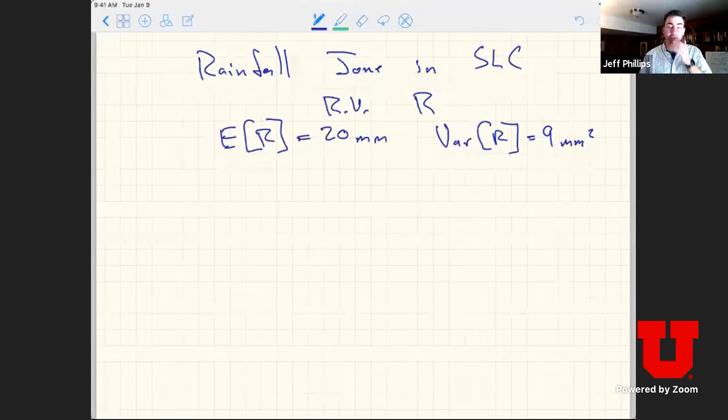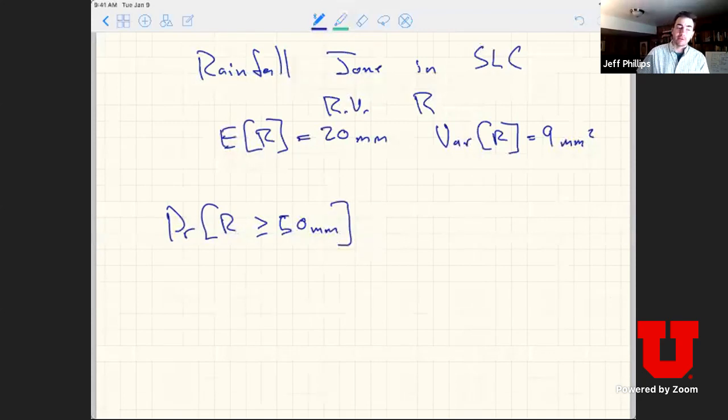Okay, so let's go back now and ask our question. Let's bound the probability that the rainfall is greater than or equal to 50 millimeters with this information. The first step is some algebra to get an inequality here. We're going to subtract 20 millimeters from both sides.